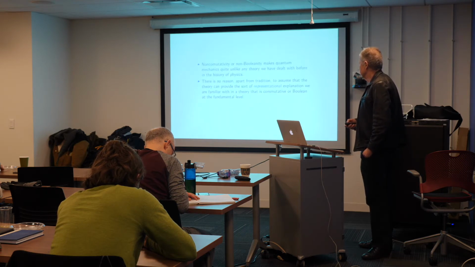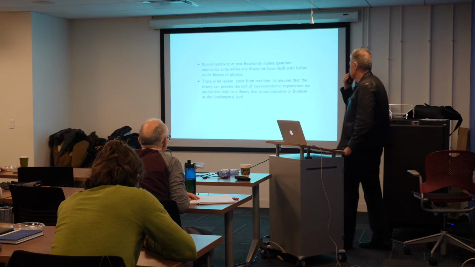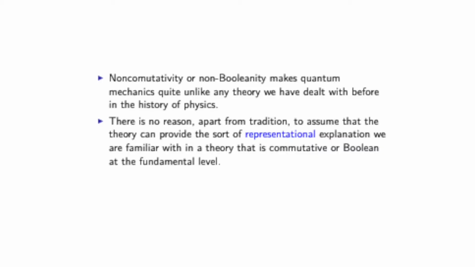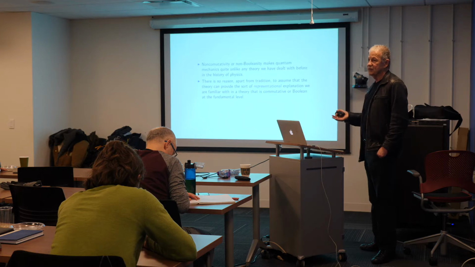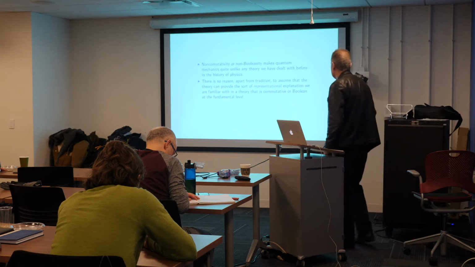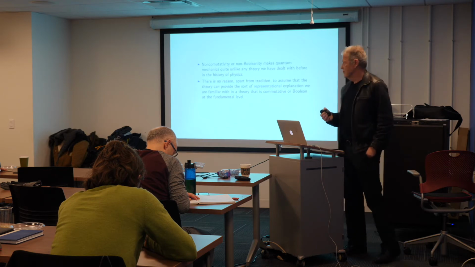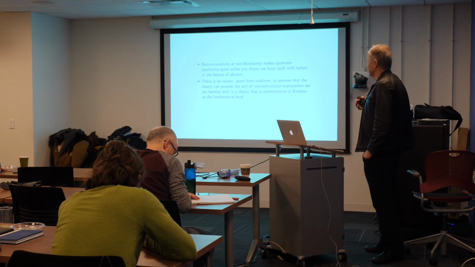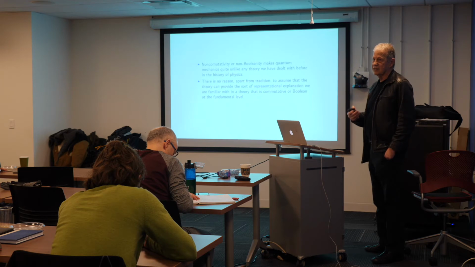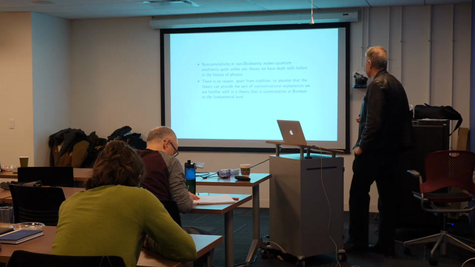And the main point, I think, is that non-Booleanity makes quantum mechanics quite unlike any theory we've ever had to deal with before in the entire history of physics. And there's no reason I can see, apart from tradition, to assume that the theory can provide this sort of representational explanation that we're familiar with in a theory that's Boolean.